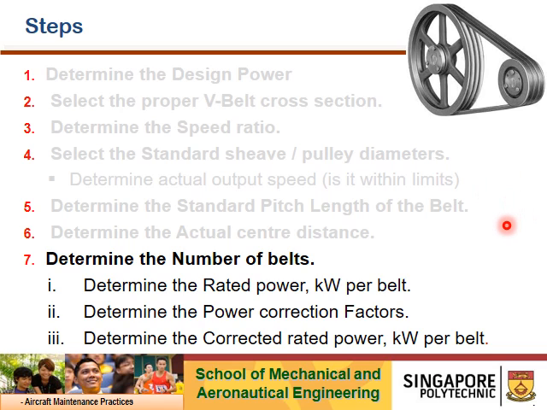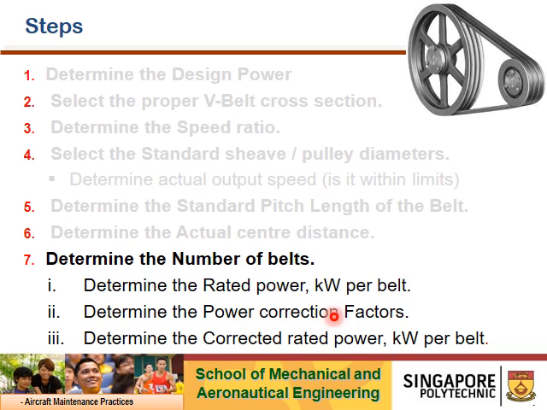So in this video and the next videos we will talk about the number of belts needed. How do we determine the number of belts needed for the systems or the questions? First things first, we need to determine the rated power per belt. This video will talk about rated power per belt. The next and last video will be to determine the power correction factors.